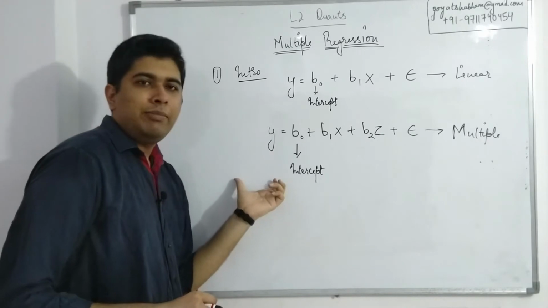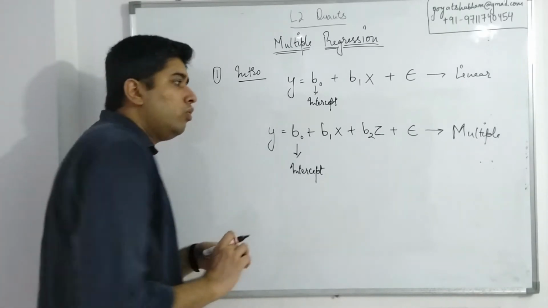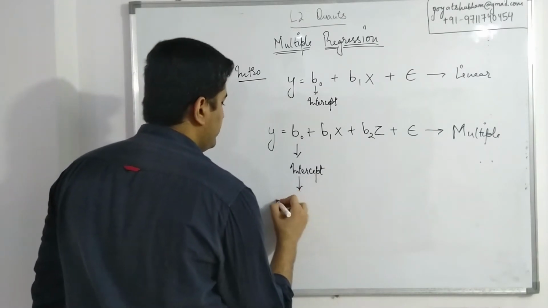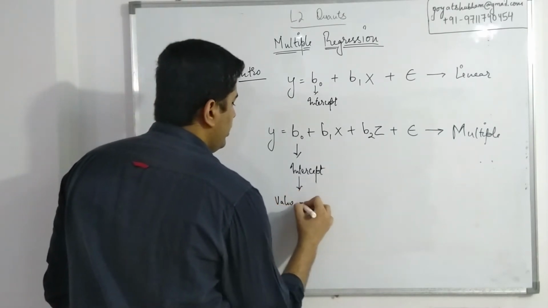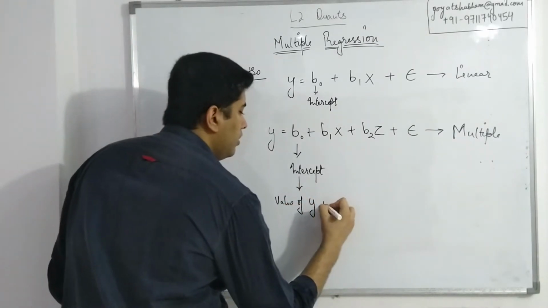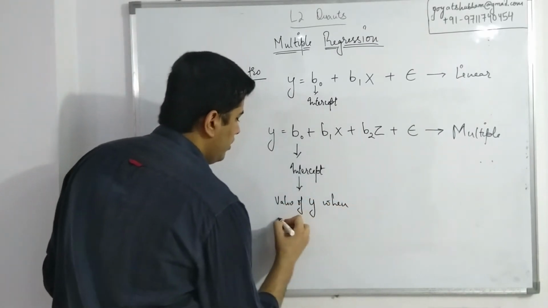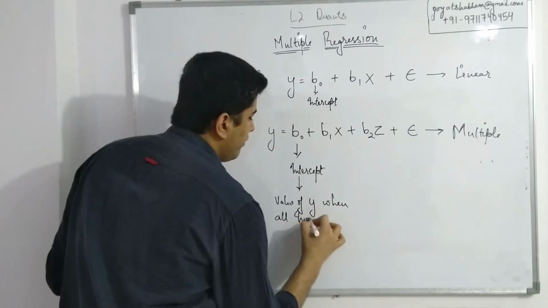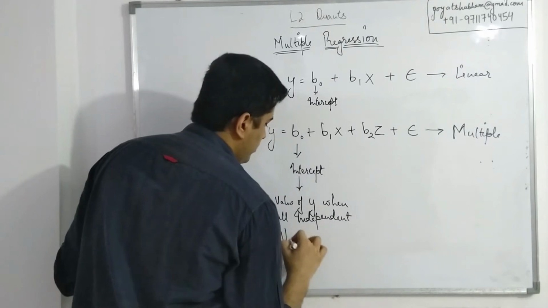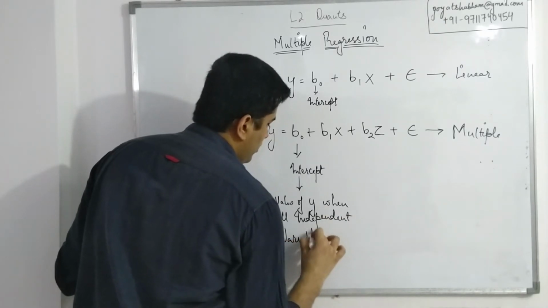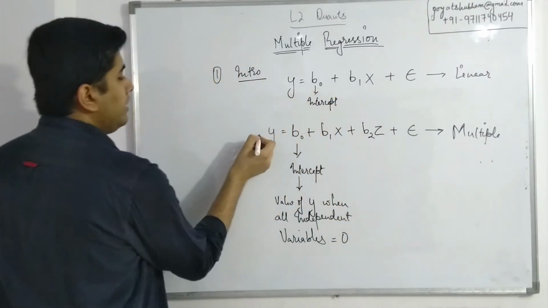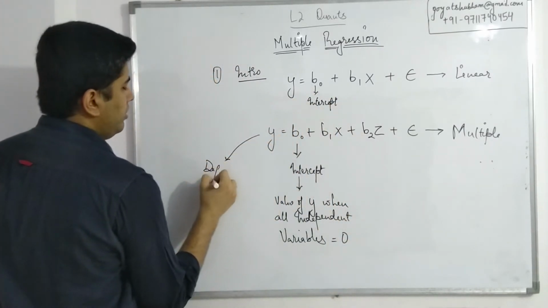In this case, the meaning is more or less the same. The only difference is the intercept represents the value of y, my dependent variable, when all independent variables have a value of 0.